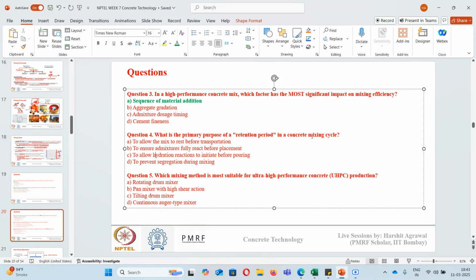Generally, when we are doing mixing of concrete proportions, there is some retention period also. We stop the mixing for a while and then we resume the mixing. So, what is the reason for the retention period?